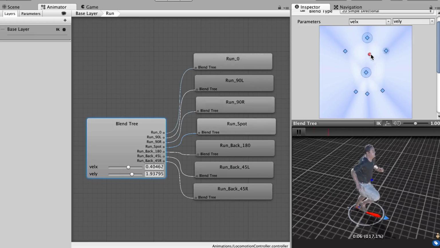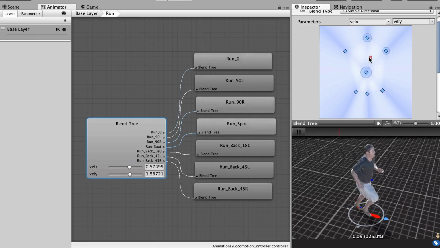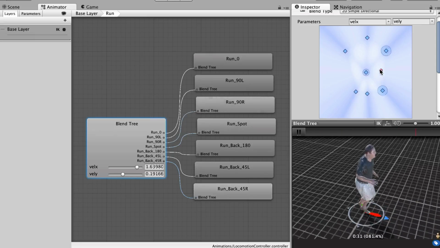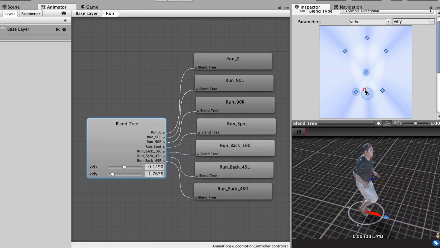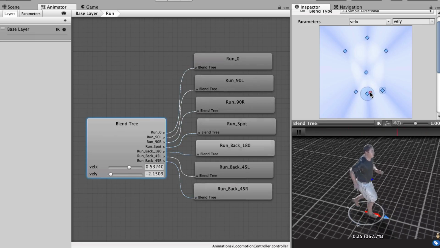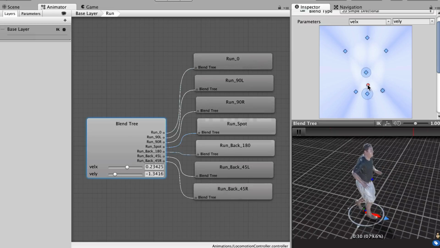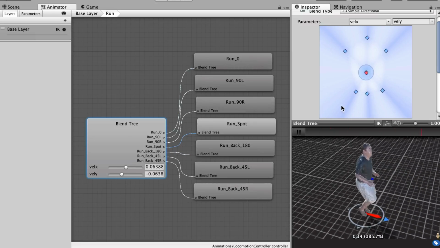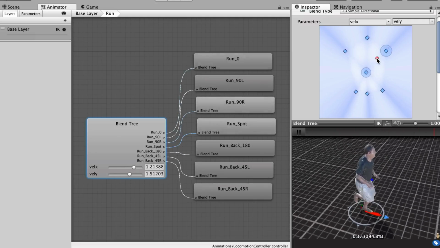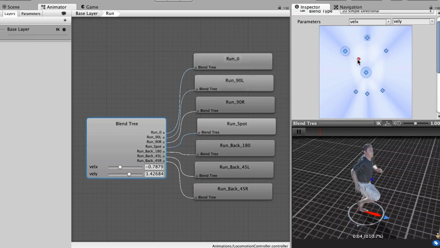It might be a bit too happy how it's changing there, but we find it's really important to cover the whole parameter space. If you start to have holes in there, you need to fudge them at some point in the simulation. Usually it just ends up with foot slide, or the character moving sideways, or that sort of thing.